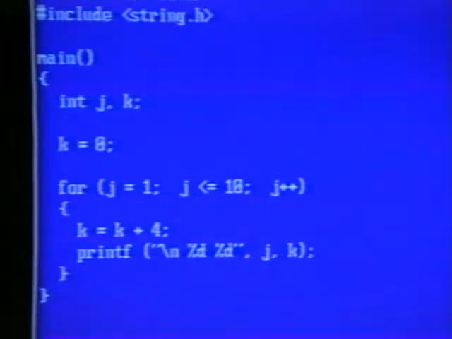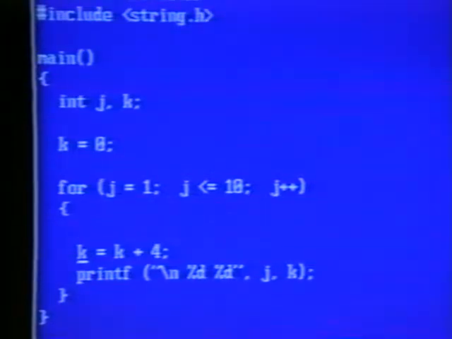Now in this loop, we will look at a couple of other program control statements. There is a break statement that can be used to exit a for loop, a while loop, or other loops. To do this, we will use the if statement. If j is greater than 5, break.